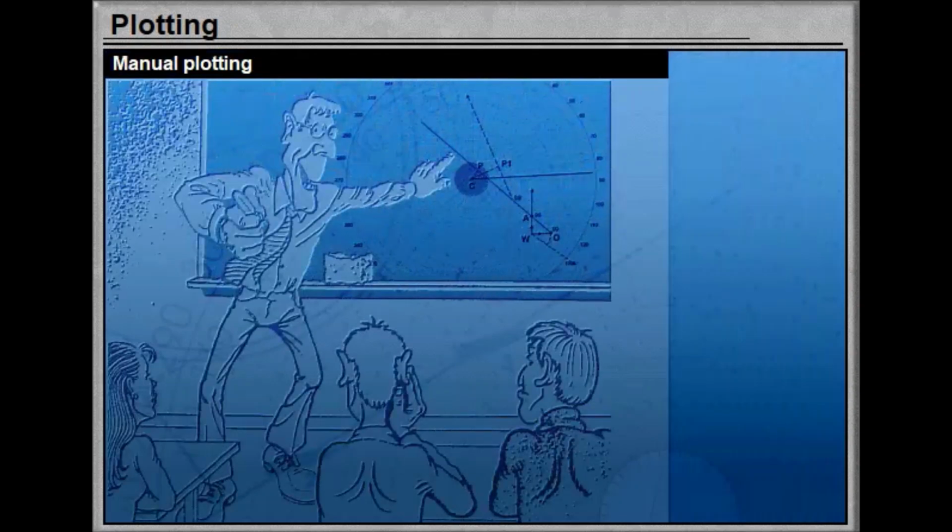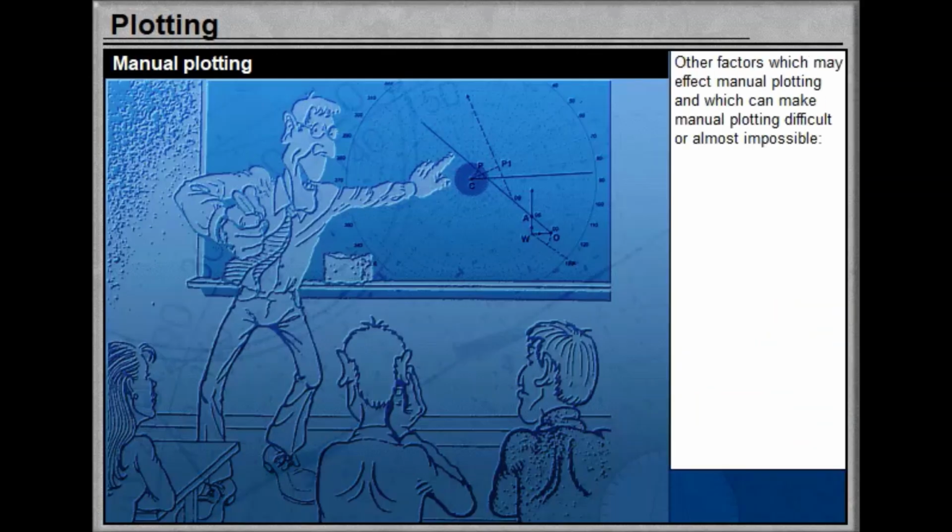To perform manual plotting quickly and accurately requires a lot of practice, and few merchant navigators today possess this skill. With ARPA, the practical skill of plotting is reduced, while understanding the principles and limitations of plotting remain just as important as ever before in the history of radar.